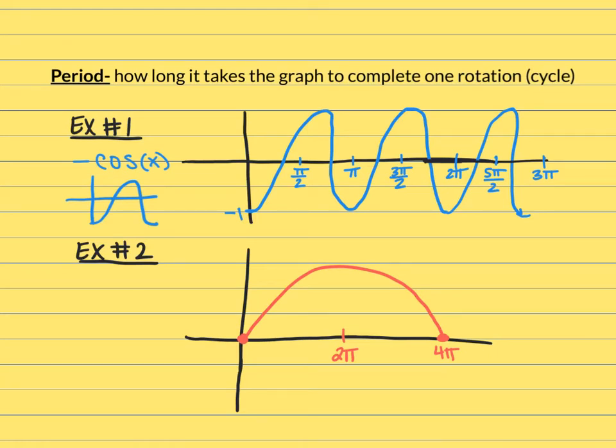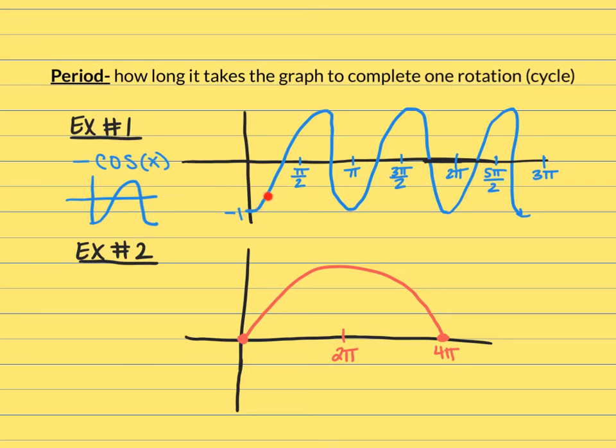So the definition of period, like I said, how long it takes to make one cycle. So all these extra cycles here are kind of there not to trick you, but you have to look at the definition. You can't just say 1, 2, 3. I see 3 cycles. You need to know how long it takes to make one rotation or one cycle.